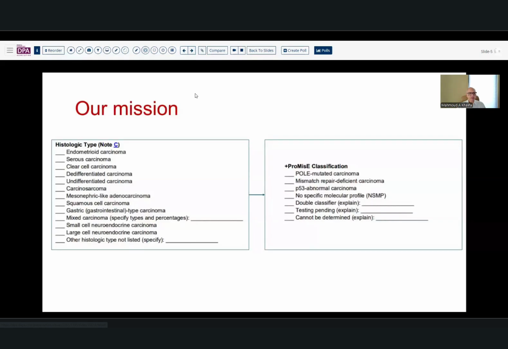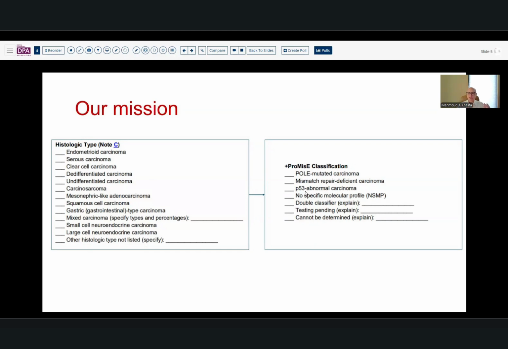So let us first remind ourselves that our job is to make one of these diagnoses. If you recognize endometrial cancer, we are expected to name the endometrial cancer from the list on the left. At the same time, today, we are also requested to make a diagnosis on the list from the right.